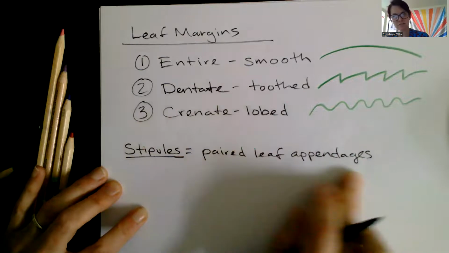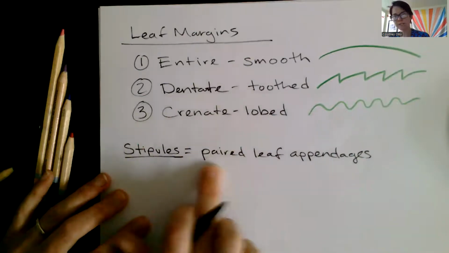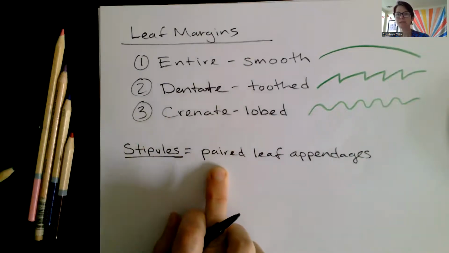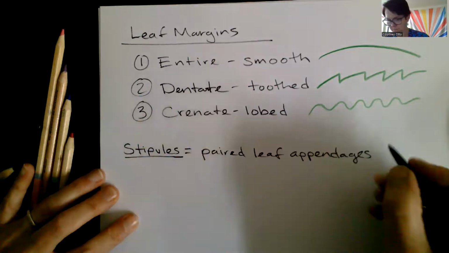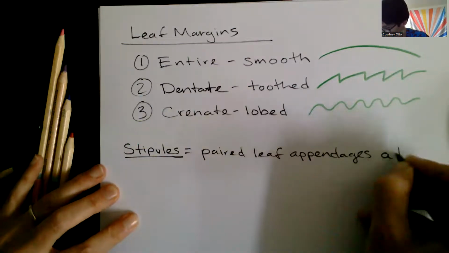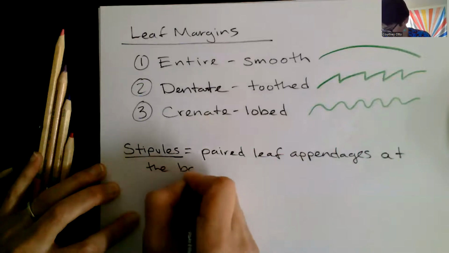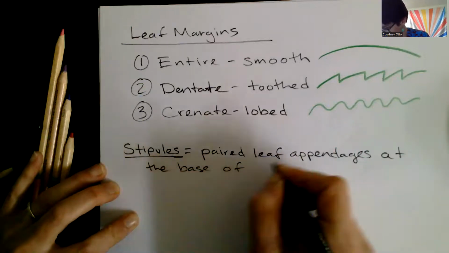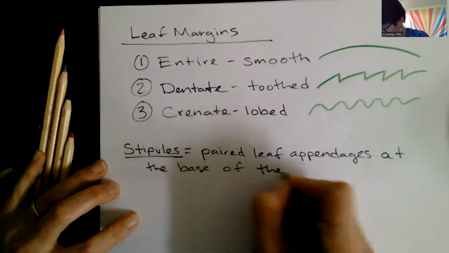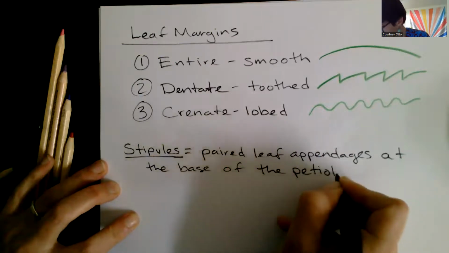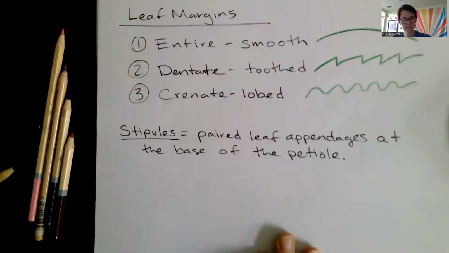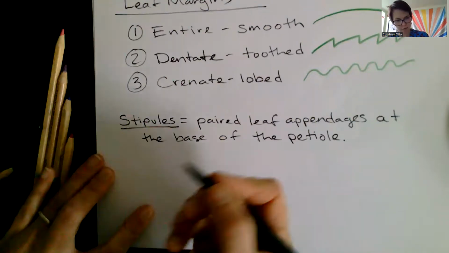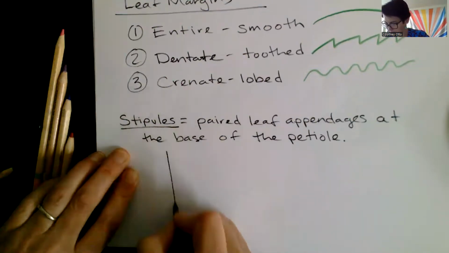So they're leaf appendages, kind of like leaf accessories. They're always in pairs, and we're going to find them at the base of the petiole. So right at those nodes where that petiole is attaching the leaf to the stem is where we're going to find our stipules. And let's just illustrate this.